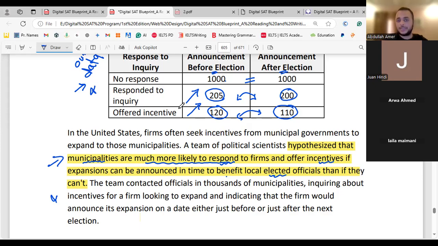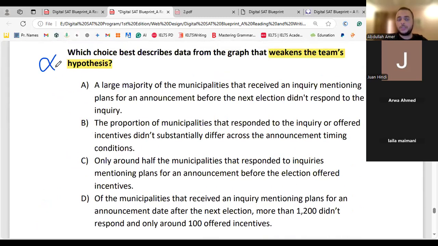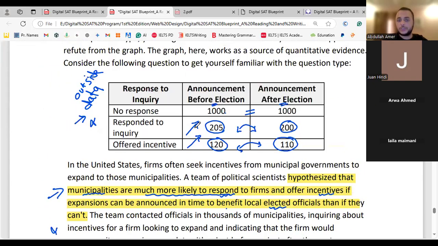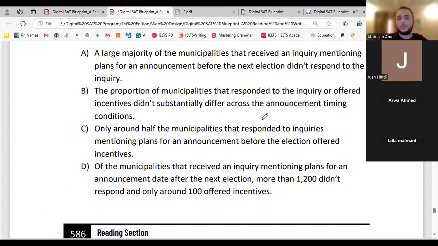The third step here is to go to the choices. Read the choices and find something that says that the answers before and after elections were equal.